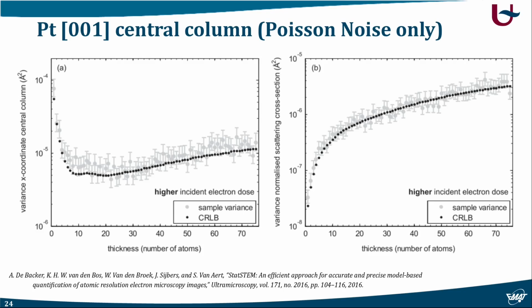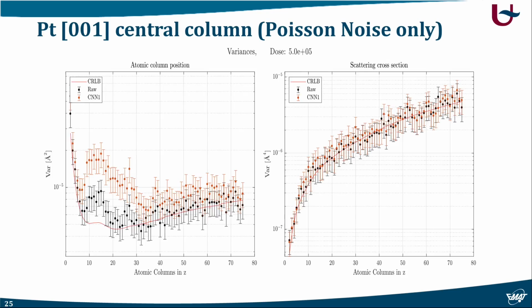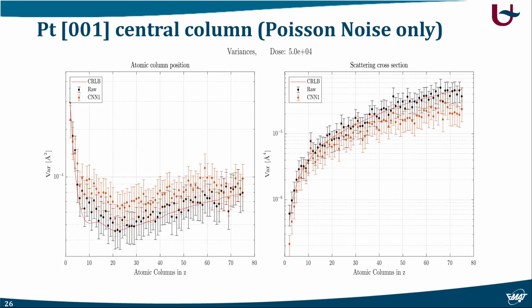So we reproduced that exact same study with 4 different noise levels and plotted those over the crystal thickness as seen here as well. So starting with the highest dose setting, there's actually not much difference comparing the convolutional neural network results with the raw data. But as we decrease the dose 1 order of magnitude, we see a slight shift.